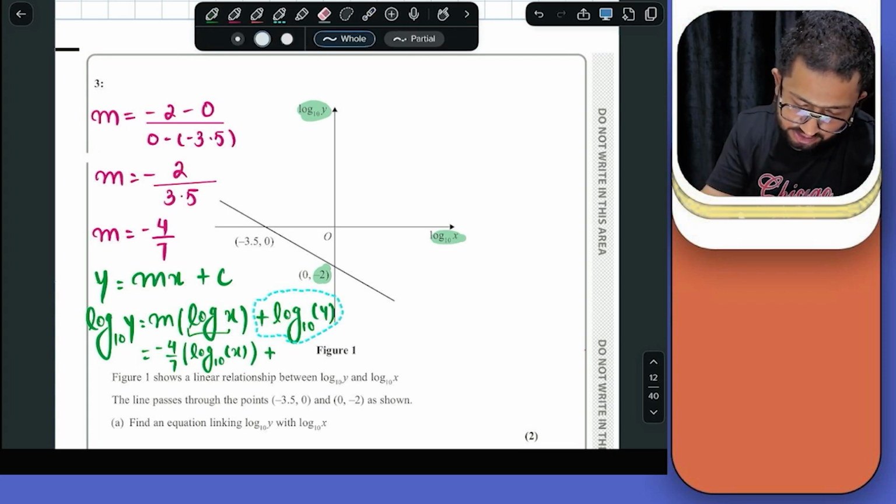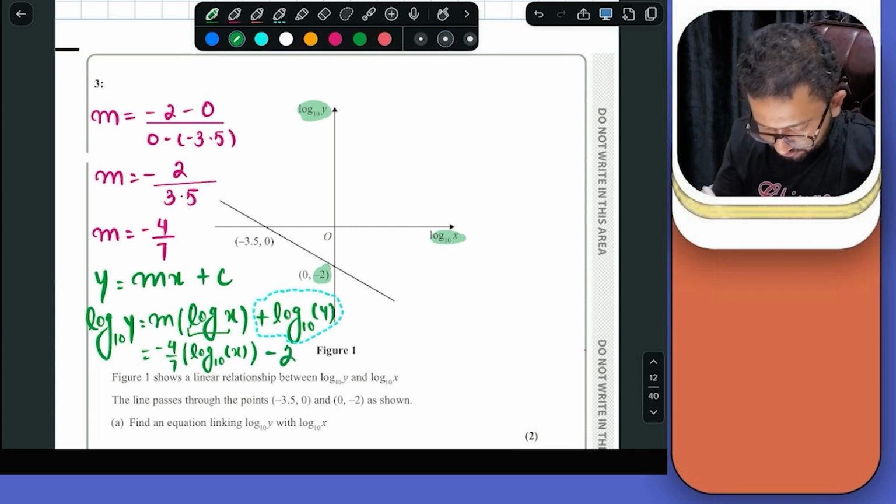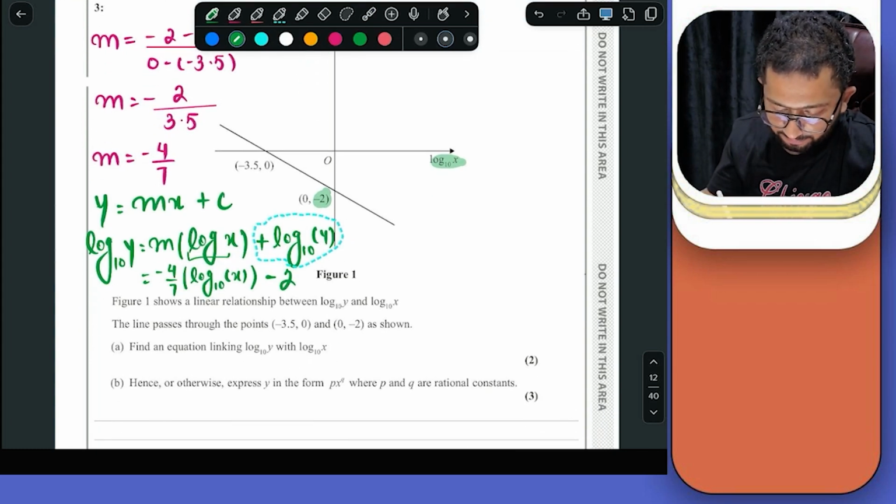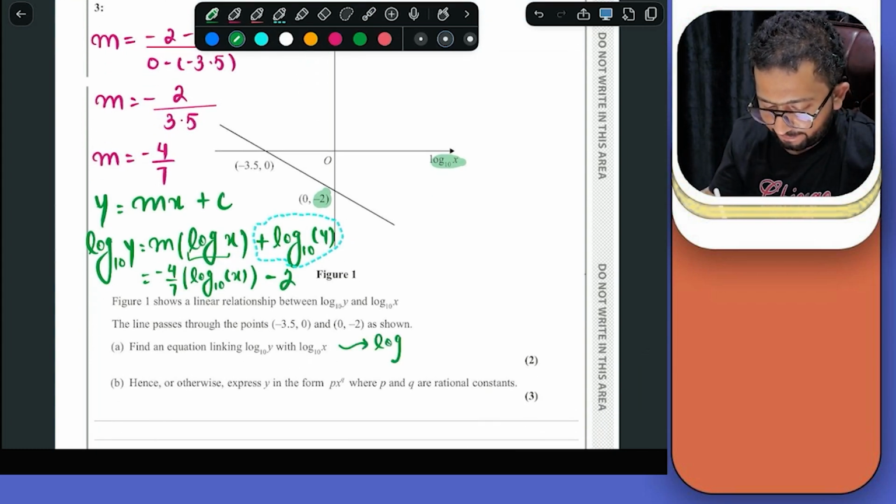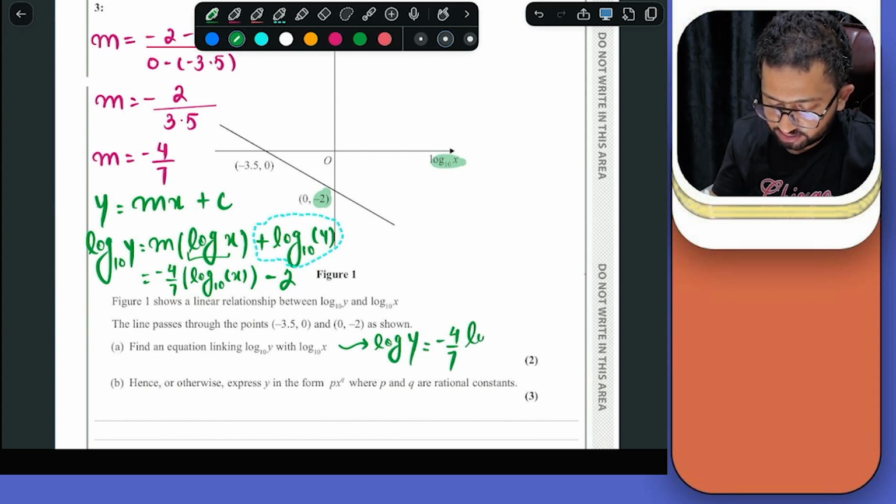All right, so minus 2. So that is the final answer of this line. So log of y equal to minus 4 over 7 log of x minus 2. You can put base 10 actually.